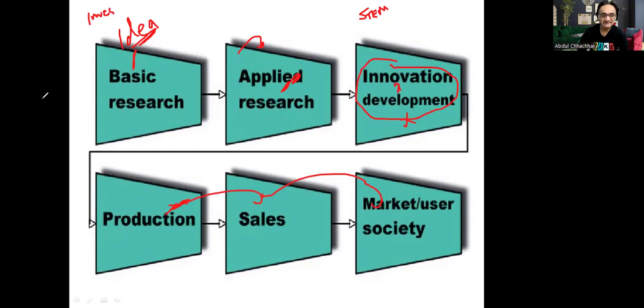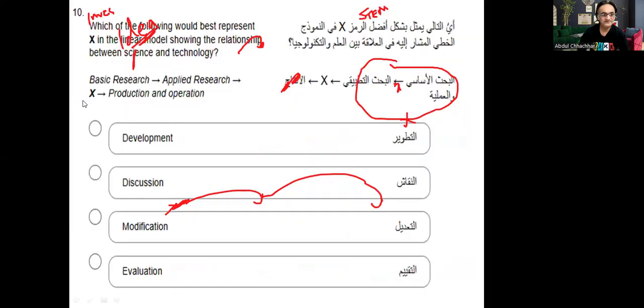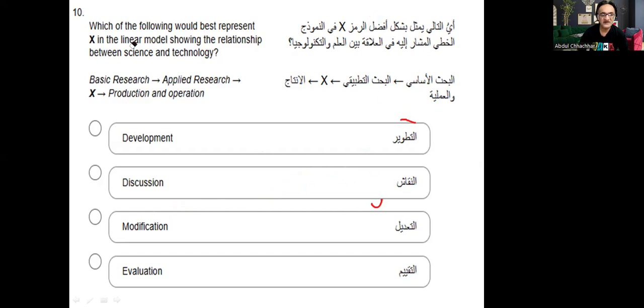Back to the question. The question asks what is the X step between applied research and production. What is the connection between science and technology? Science is about the research, right? This is applied research, and this is science.